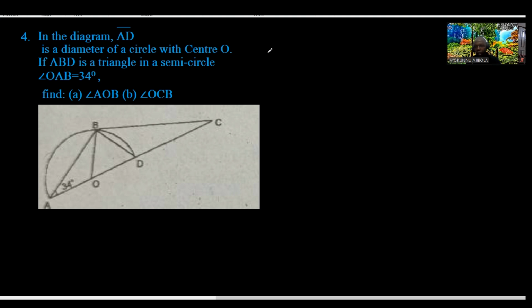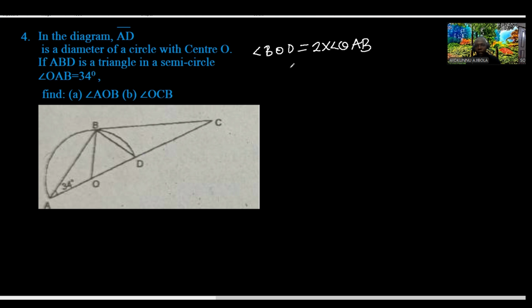So that means angle BOD will be twice angle OAB. That is, the angle at the center is twice the one at the circumference. Is that clear? Yes, sir, very good.